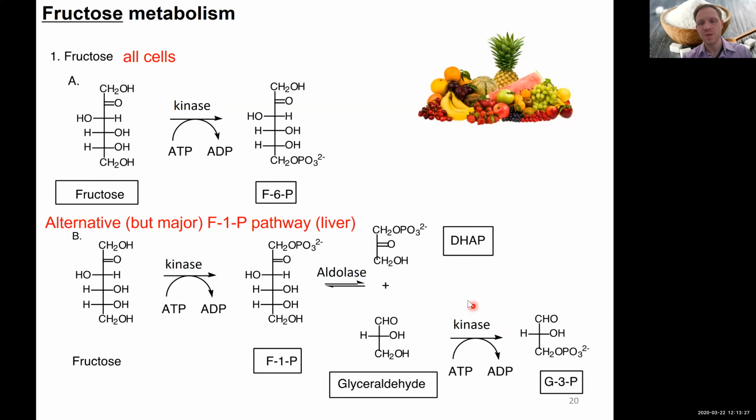Okay. If you think about the bioenergetics of these two reactions, they're actually the same as glycolysis, right? Here with our pathway from fructose to fructose 6-phosphate, we're using one kinase step, just as we did for glucose. We bring it in downstream of this first phosphorylation, so nothing has changed. And the same is true for our alternate pathway here.